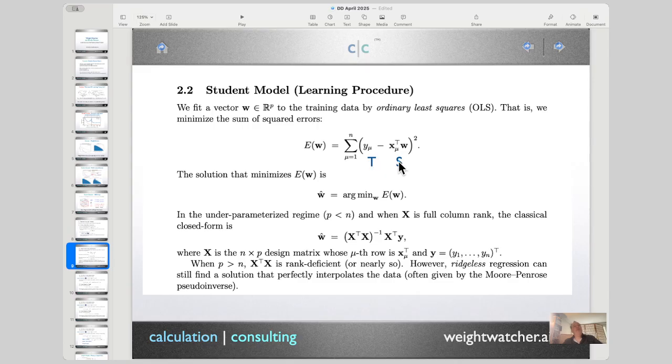This is the teacher minus student, so this is a classic student-teacher setup. And the idea is, of course, you're trying to find the optimal W. This can be solved using the pseudo-inverse. So in the old days, like in the early 90s, the late 80s, you would say W is the pseudo-inverse, X transpose X inverse X transpose Y, where X is basically the data matrix or the design matrix.